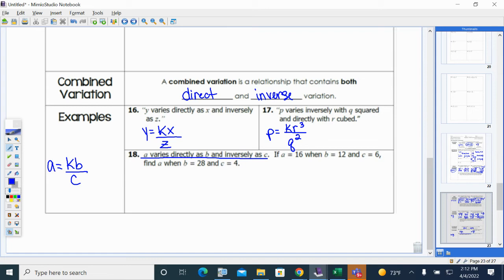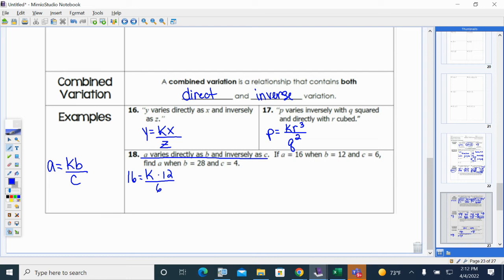So in this first part, again, you're just trying to find K. If A equals 16 when B equals 12 and C equals 6. So to solve this, a couple of different ways.